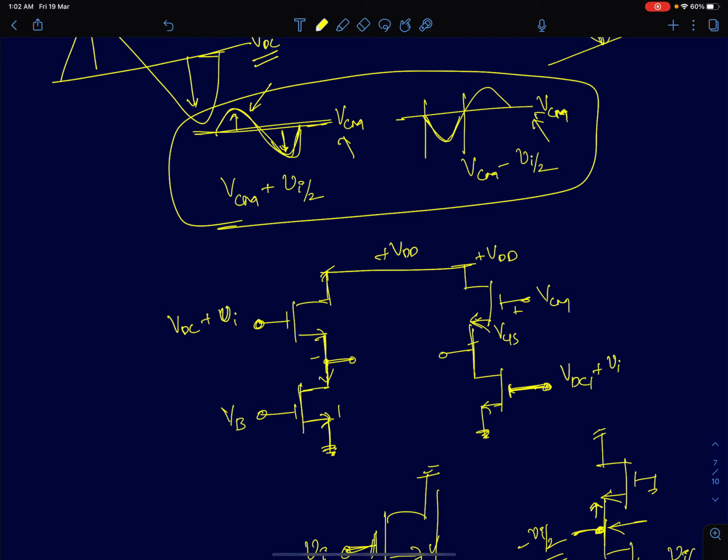See, if I have Vi, I can always generate Vi by 2 from it, so I'll feed Vi by 2 to both these amplifiers. I'll assume for this analysis lambda is 0, so R0 is infinity.